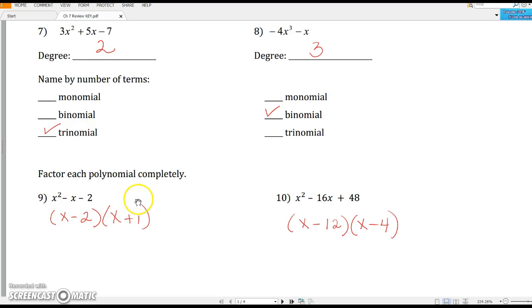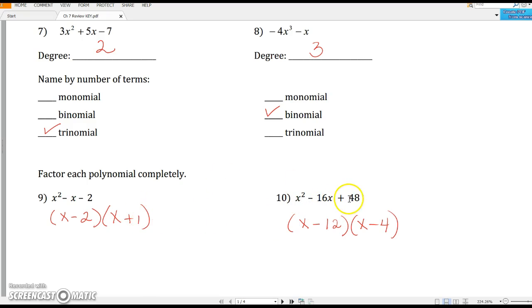What goes in the last of each needs to multiply to give you the negative 2. And then your outside and your inside will be like terms. They will be combined to get you this middle term. You can always check yourself by foiling this back together. Be very careful and make sure you are checking.